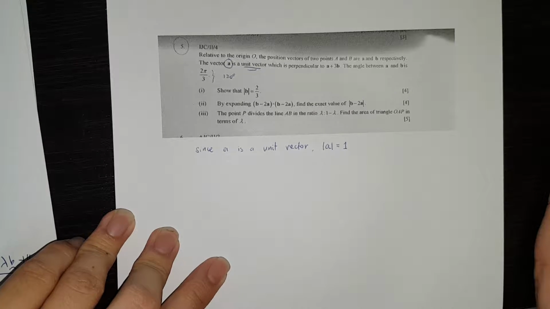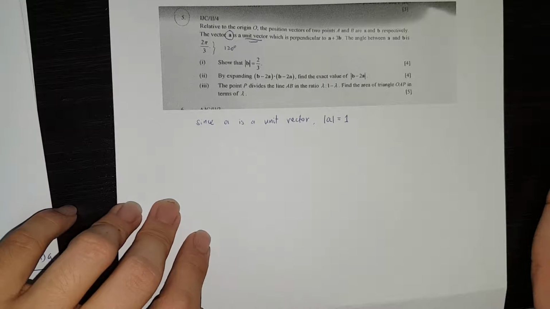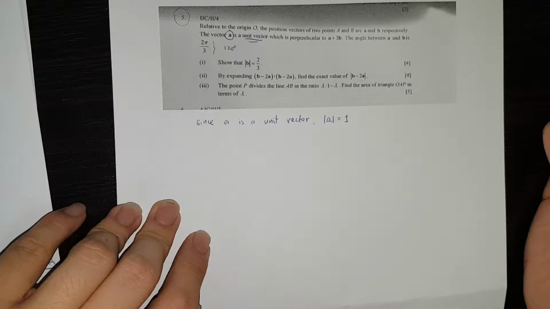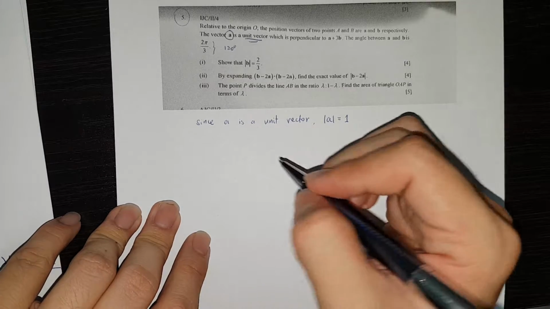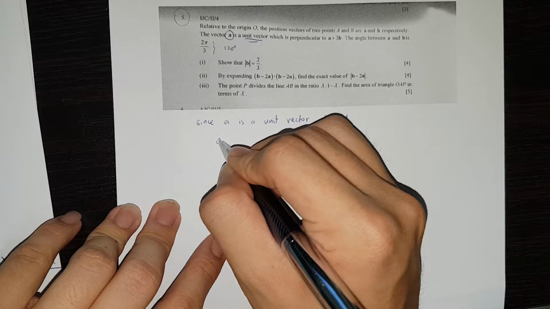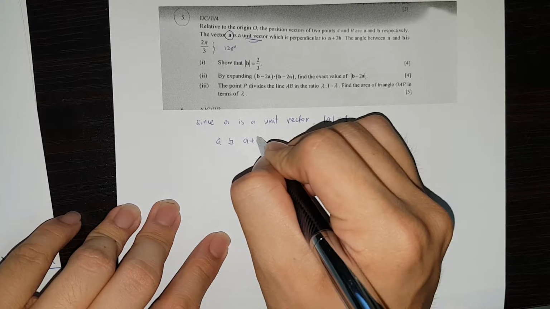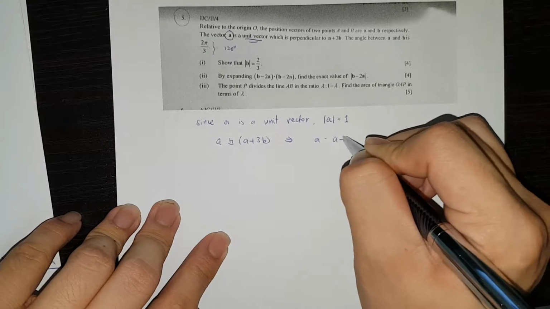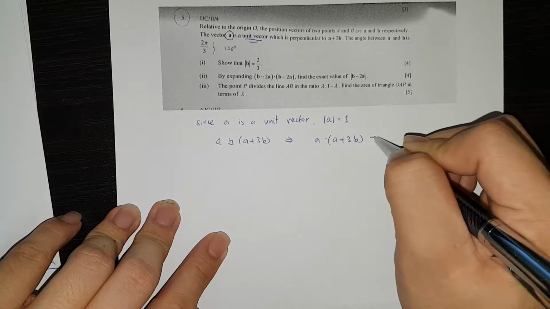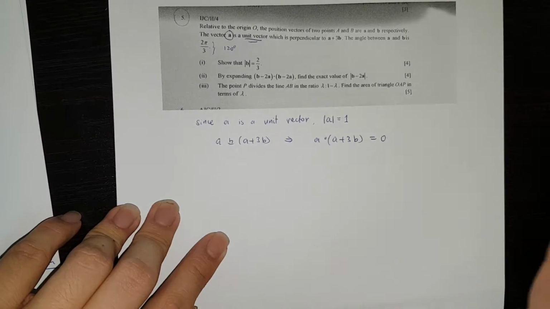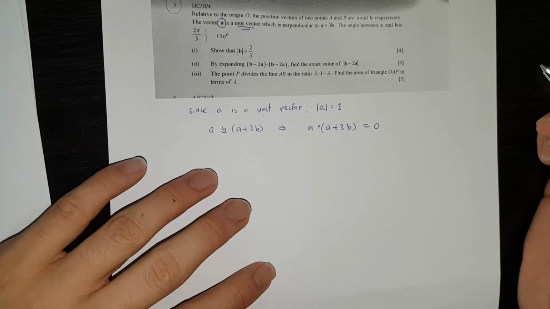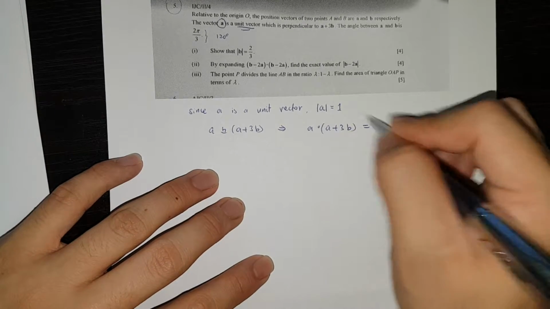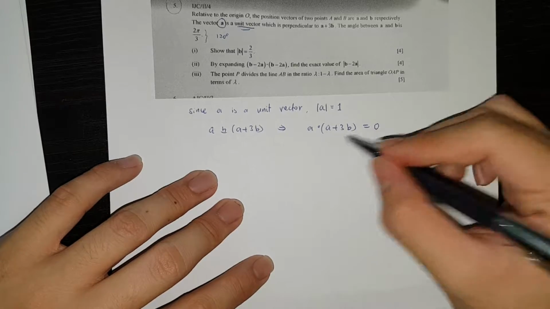This is the first thing you should be able to write down. Then since a is perpendicular to a plus 3b, you're implying that a dot (a plus 3b) equals 0. This is the first thing you should be able to deduce.